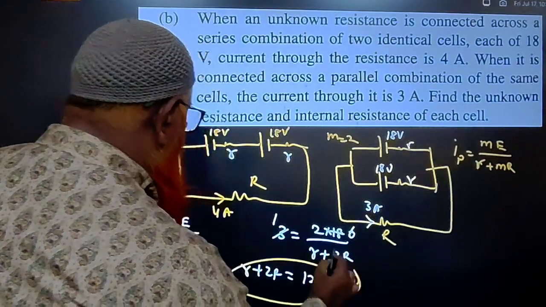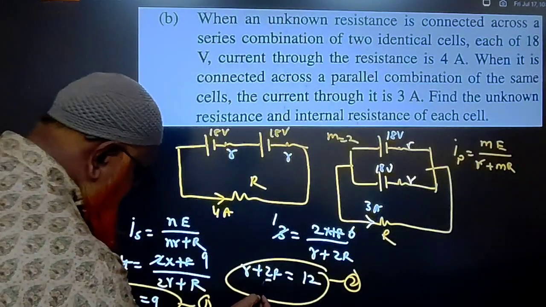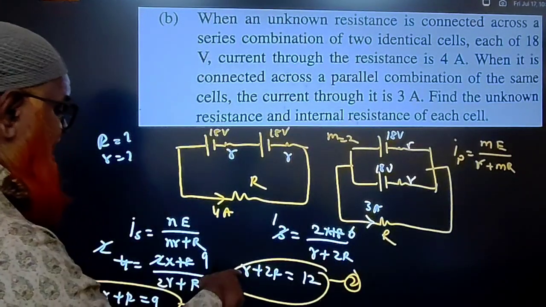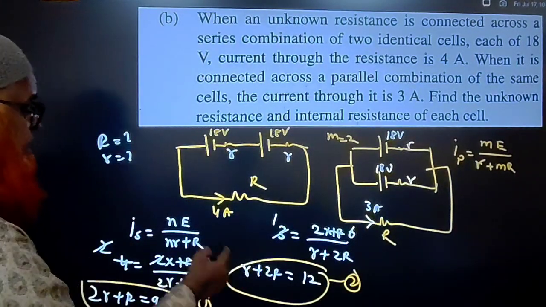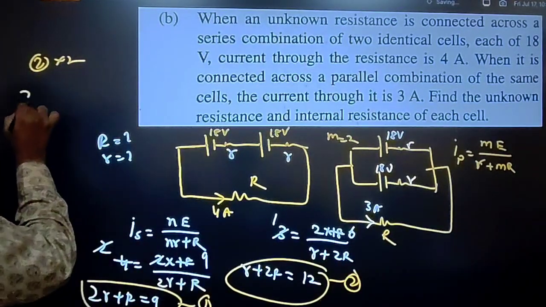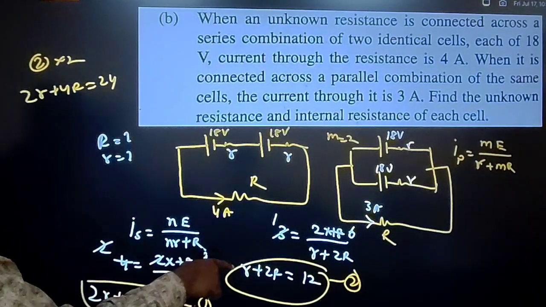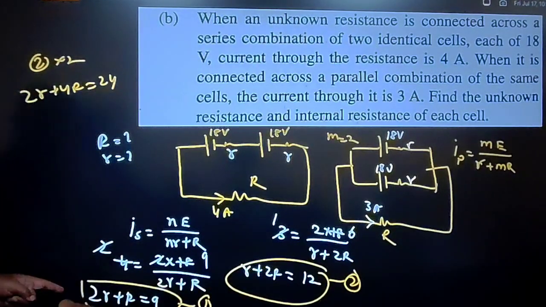Now, with the second equation, can't we find out what is small r and capital R by using these two equations? You just do one thing. You want to make the coefficients of r equal. Multiply equation 2 with 2. Then how much will you get? 2r plus 4R is equal to 24. Multiplying 2 with this, so that coefficients will become the same.